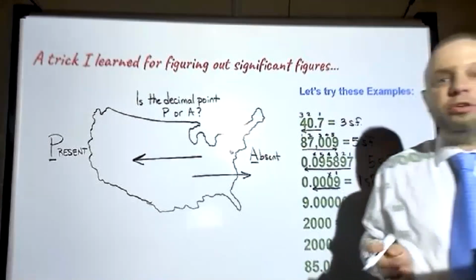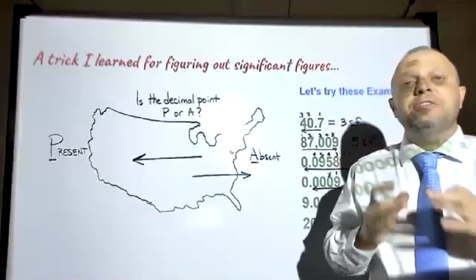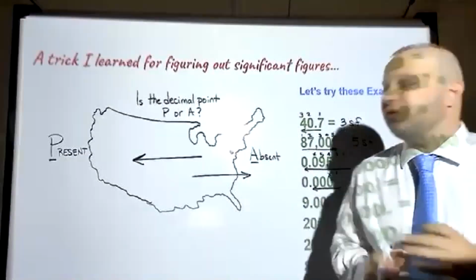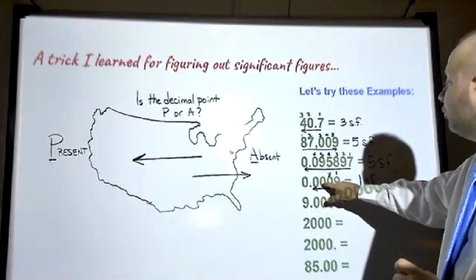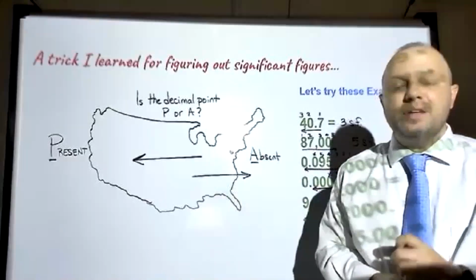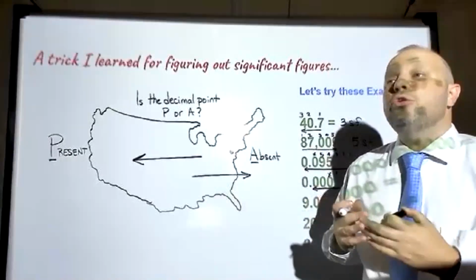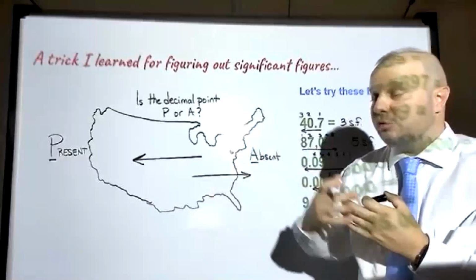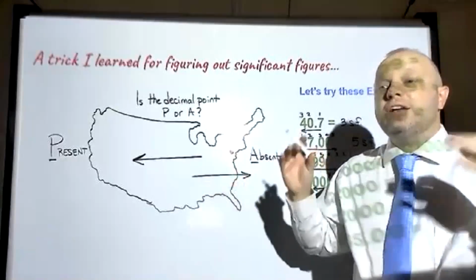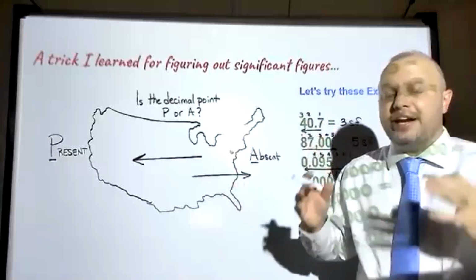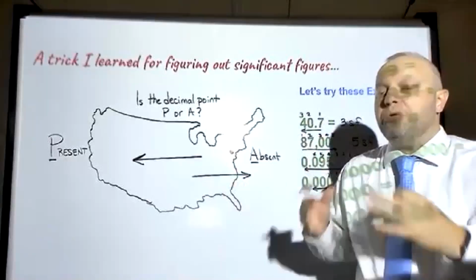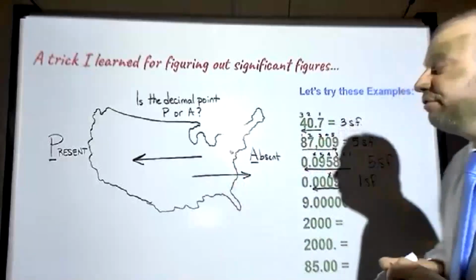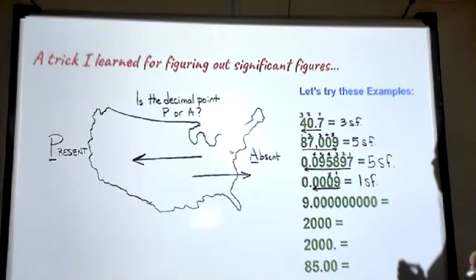Now, we're going to learn when we start to look at calculations that this doesn't mean you can forget about the other zeros. That doesn't mean that 0.0009 suddenly becomes the number 9. It just means that those zeros in front of it are not considered significant. They're there, they're placeholders, they are important, but they're not significant in terms of doing a scientific calculation, and you'll see that explained.